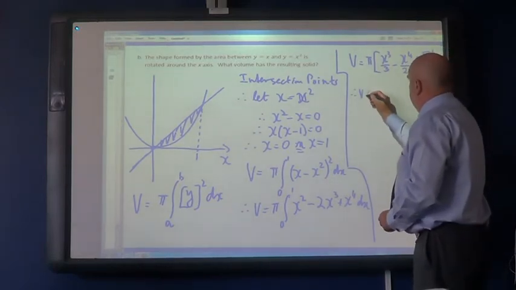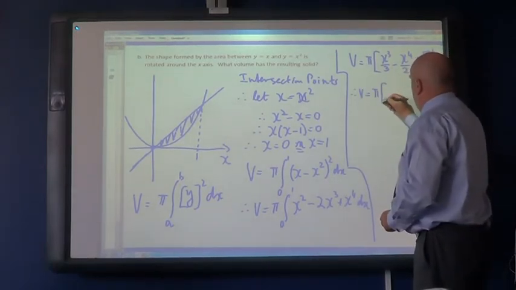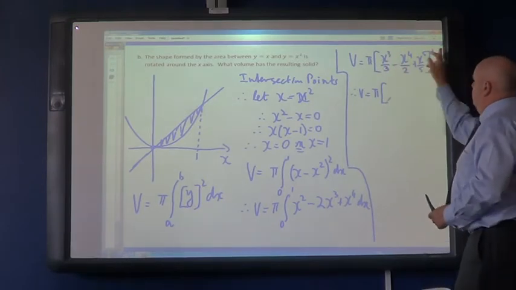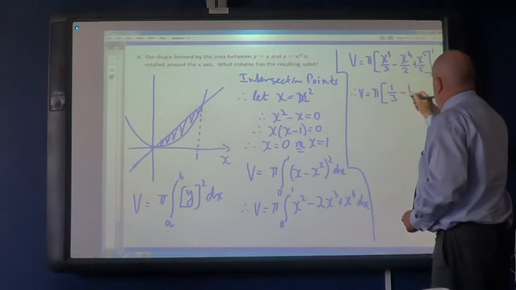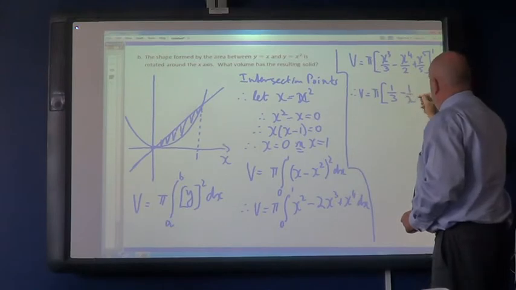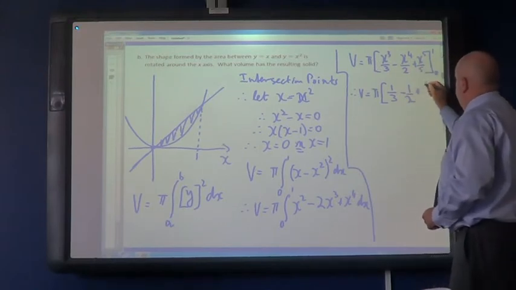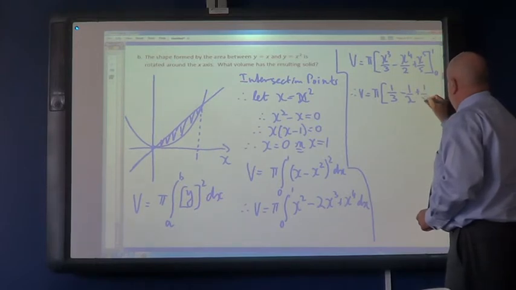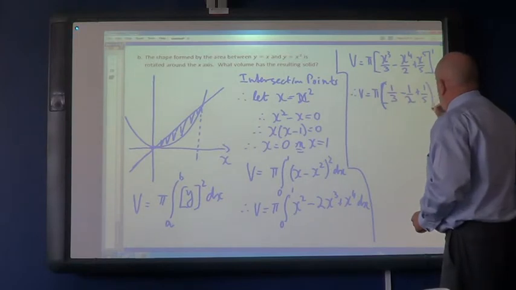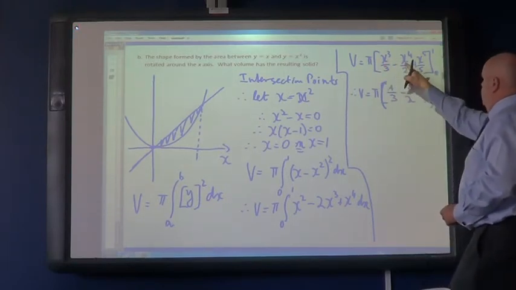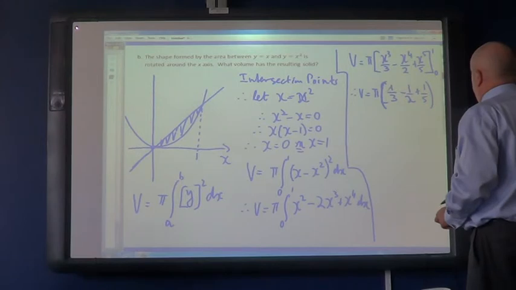So the volume, this should not be too difficult because we're dealing with ones and zeros. 1 raised to any power is 1. So we've got a third minus a half, plus a fifth, 1/5. And I should in fact use round brackets. The 0 is going to yield 0 minus 0 plus 0, so it doesn't really count.